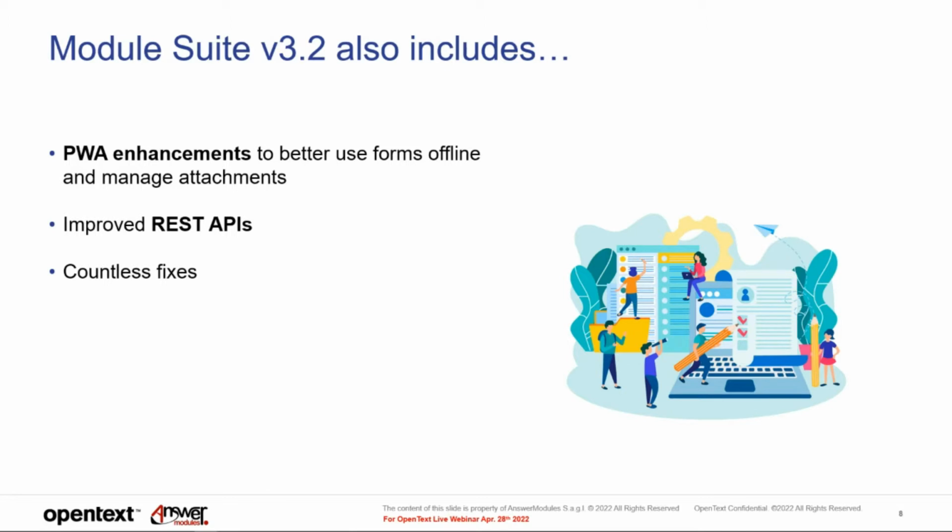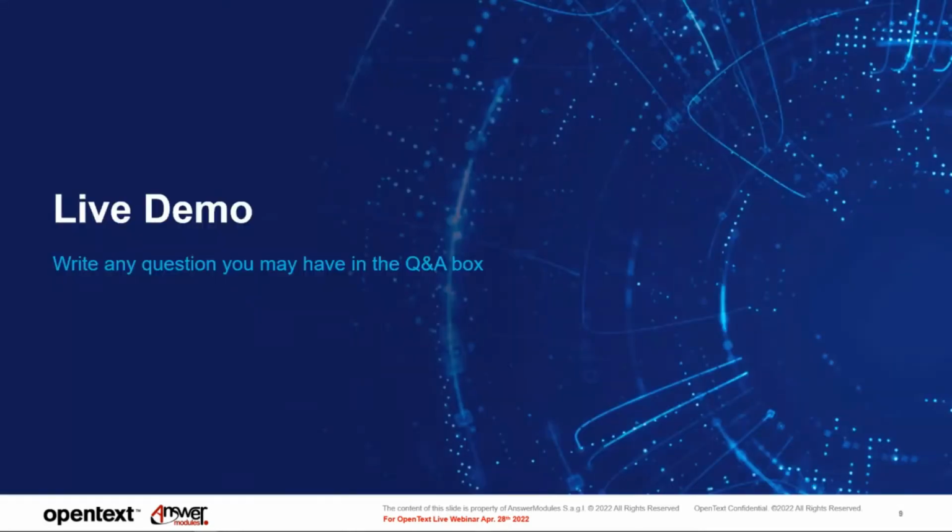Essentially, this is the Module Suite feature that allows forms to be utilized on mobile devices, even in offline scenarios. We've made improvements to the REST APIs, and as with all releases, we've made countless fixes and general improvements overall. And with that, I'll hand things off to Igor for the first part of the live demo.